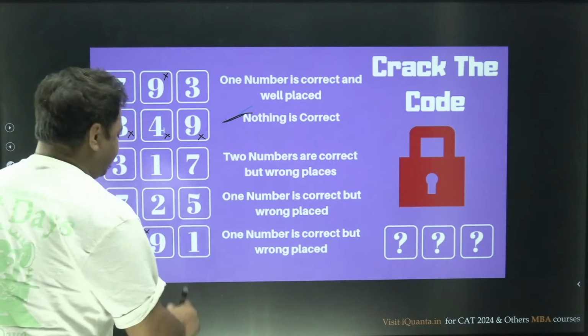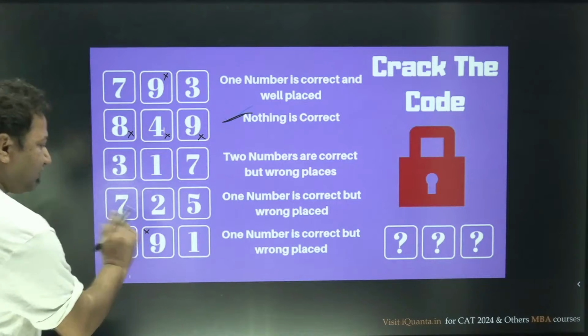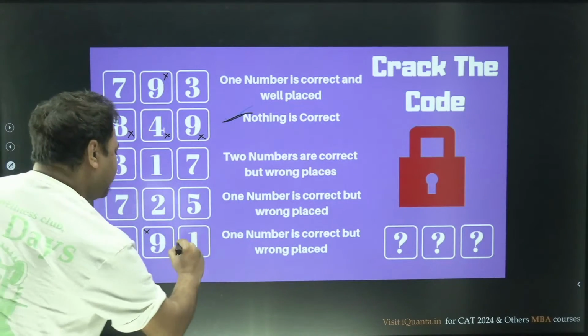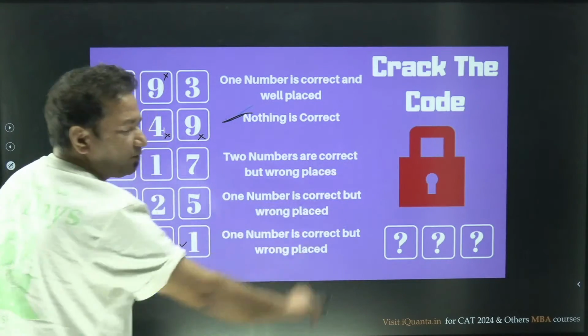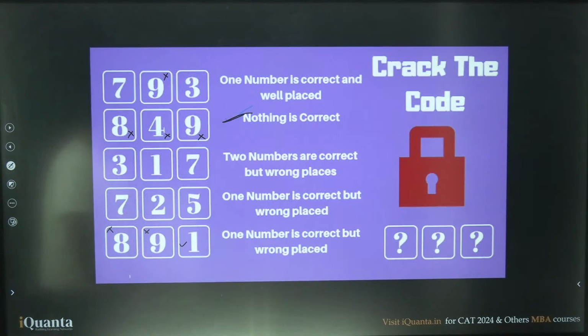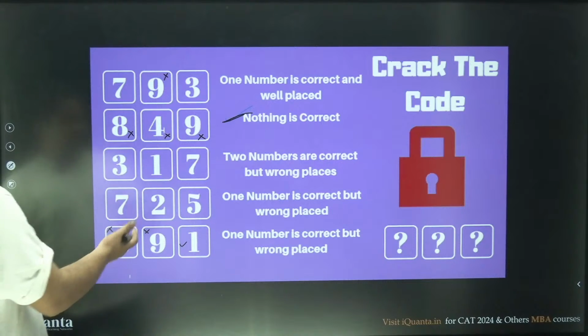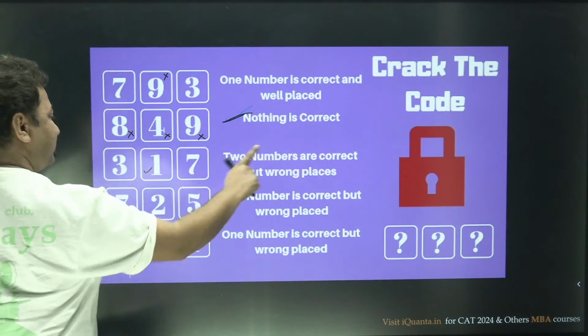Why? Because the fifth statement says one number is correct but wrong place. One is correct, but one will not be in the third position. Very good. So now what should we pick? We should pick the statement which has got 1 in it. It is here. Two numbers are correct but wrong places.